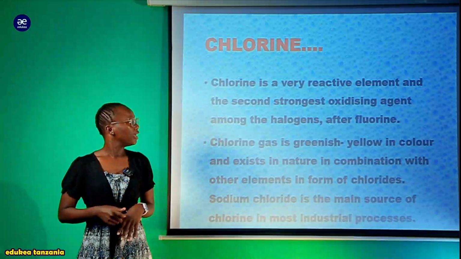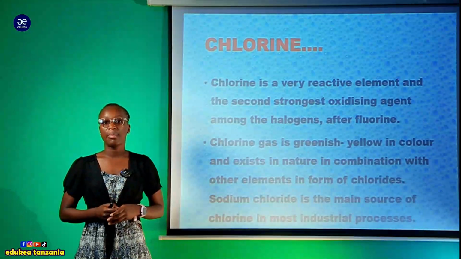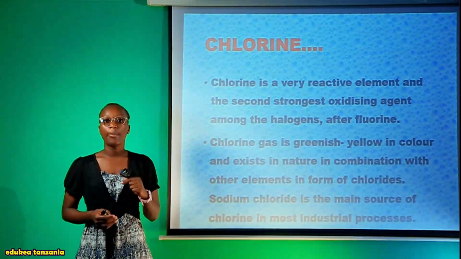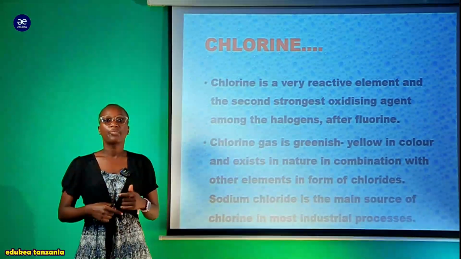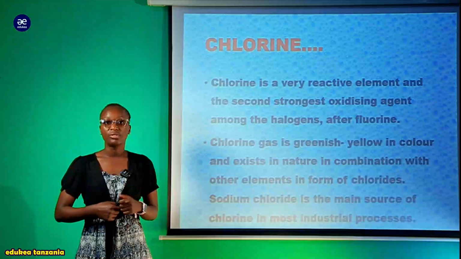Now, chlorine is a very reactive element and the second strongest oxidizing agent among the halogens after fluorine. Tuliona kwenye oxidizing power of these nanometals kwamba one of the characteristics or properties of these nanometals is their oxidizing power, the way they are able to oxidize the compound, the element.